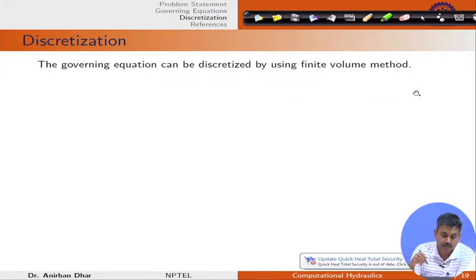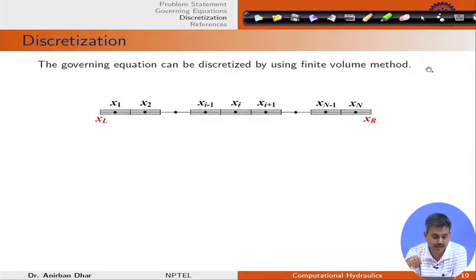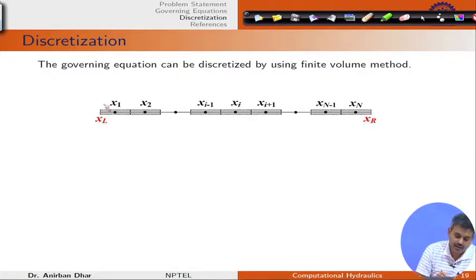Now, the governing equations can be discretized by finite volume method. Let us say this is our left boundary, this is my right boundary.